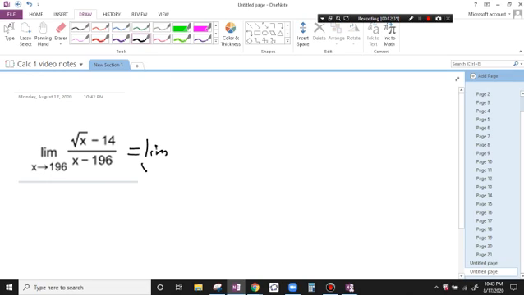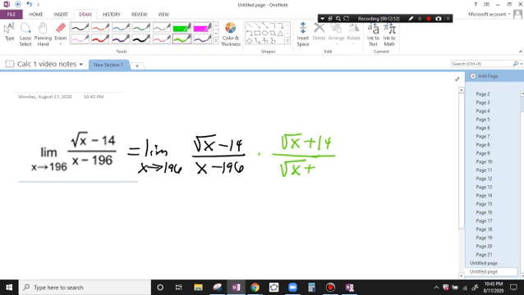This is the limit as x tends to 196 of the square root of x minus 14 over x minus 196. And then we're going to multiply the numerator and denominator by the square root of x plus 14 over the square root of x plus 14.